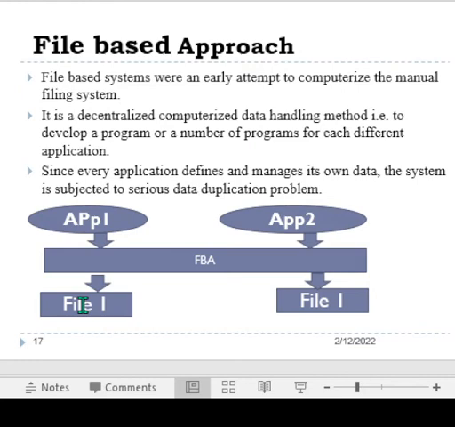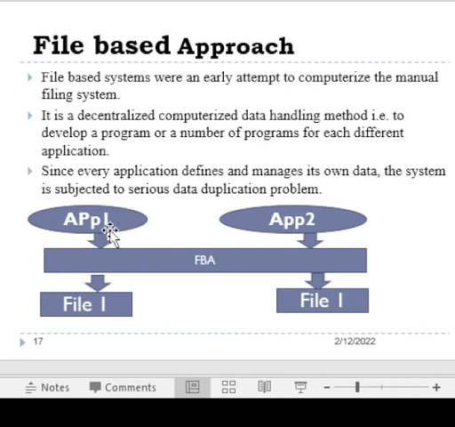No other application can access the same file at the same time. As soon as application 1 opens file 1, application 2 cannot open it. That means there is no multi-user access.